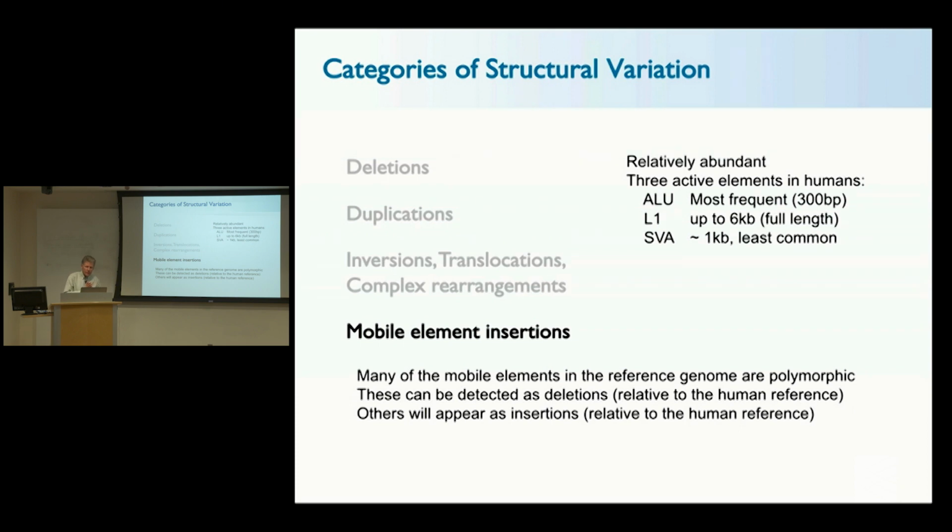There are not as many of these as there are other kinds of deletions and duplications, but there are many more than there would be inversions or translocations. It's a little bit difficult in some ways to count them because there are very old elements in the genome that maybe are fixed and not polymorphic anymore, but it's hard to know if they're completely fixed in the human population. But maybe there are 1,000 or a couple thousand of this kind of event per human genome.